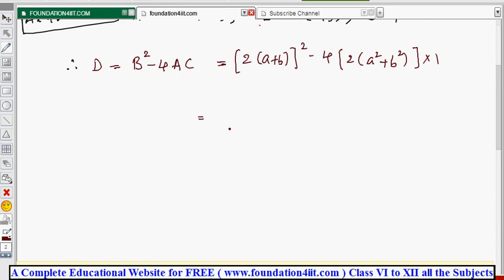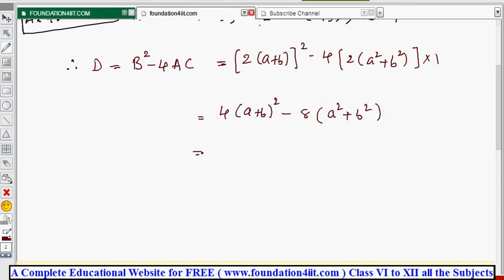Each and everything you can simplify. Now 4(a + b)², since 2 squared is 4. This is (a + b)². Minus 4 into 2, that is 8(a² + b²).